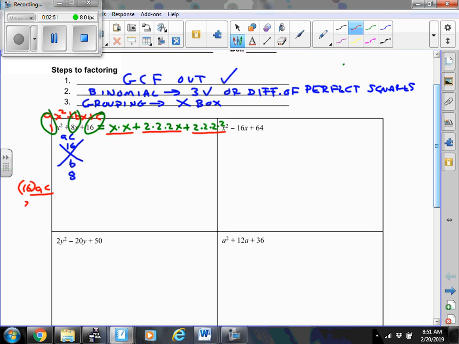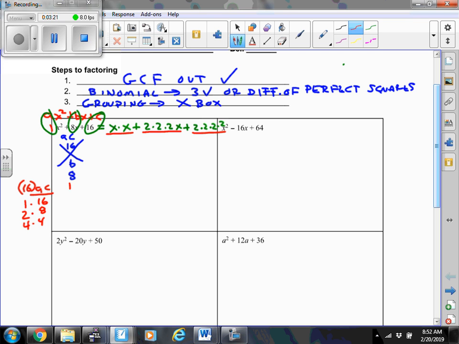Let's see, I like to start with 1. 1 times 16, or 16 times 1. And then 2 times 8, or 8 times 2. And then 3 doesn't go in there, so let's try 4 times 4. 5 doesn't go in there. 6 doesn't go in there. 7 doesn't go in there. 8's already there, so I'm done. So those are all the possible combinations that give me 16.